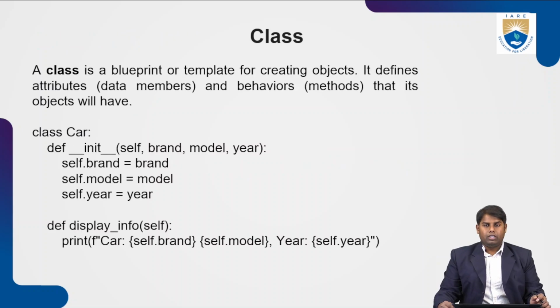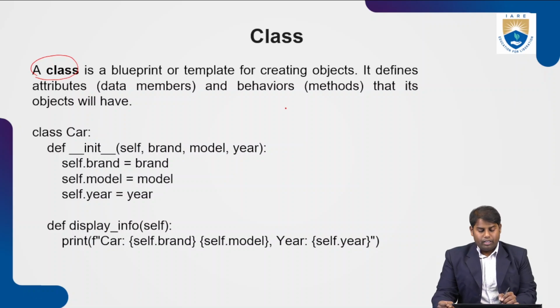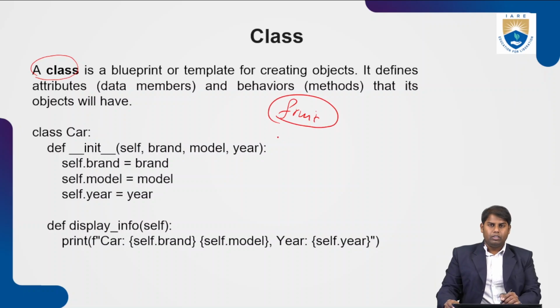The first thing is the class. By definition, a class is a blueprint or a template for creating objects. Class is a word which describes a general entity. For example, if we take fruit as a generic term, we say it is a class.